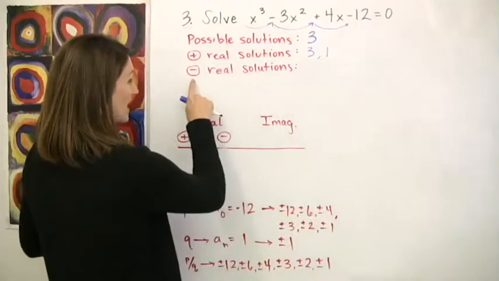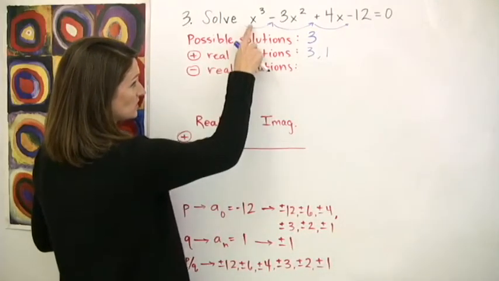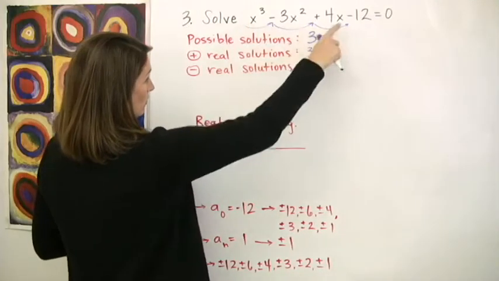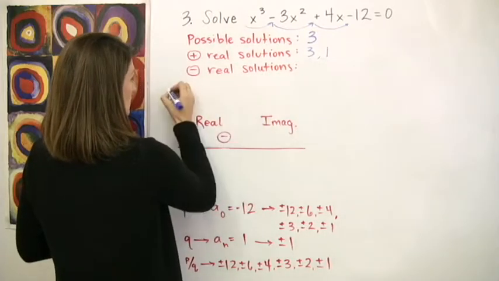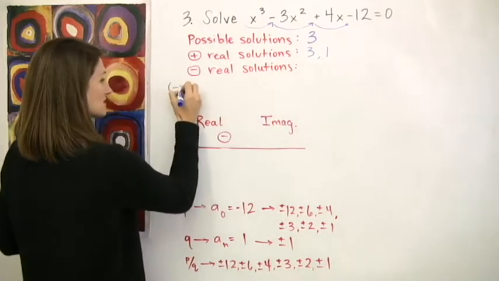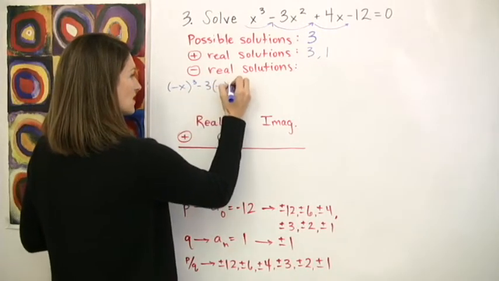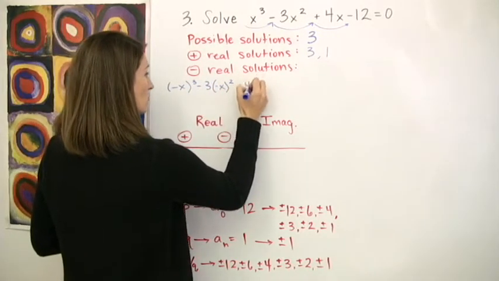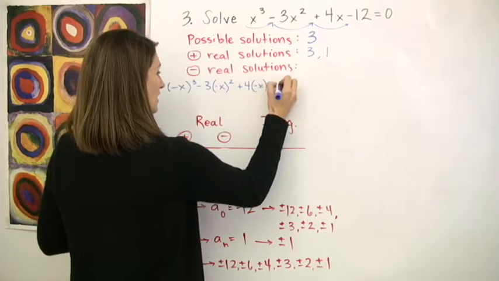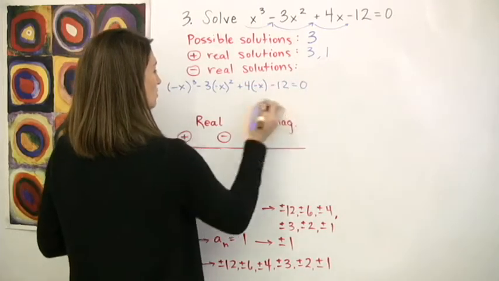Now for our negative real solutions, let's substitute negative x in for x in this equation. So we have negative x cubed minus 3 times negative x squared plus 4 times negative x minus 12 equals 0.